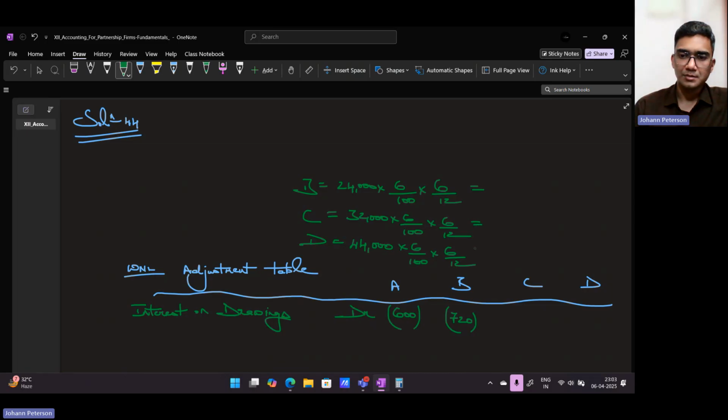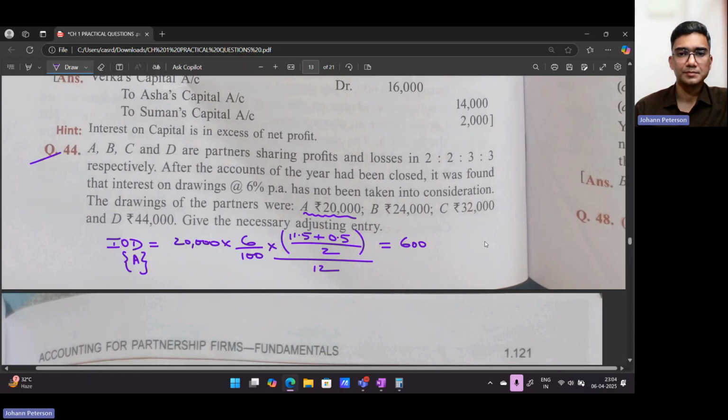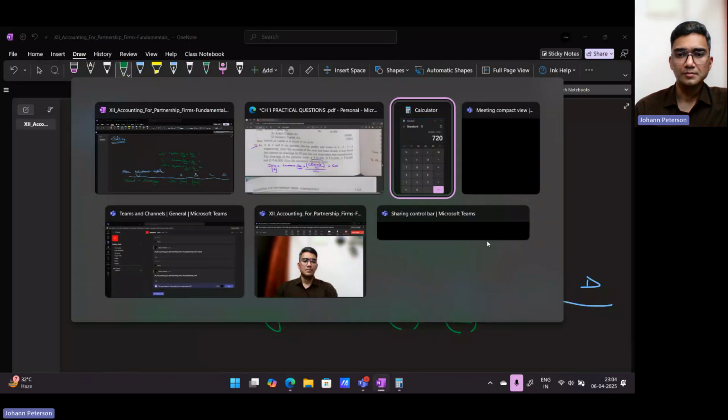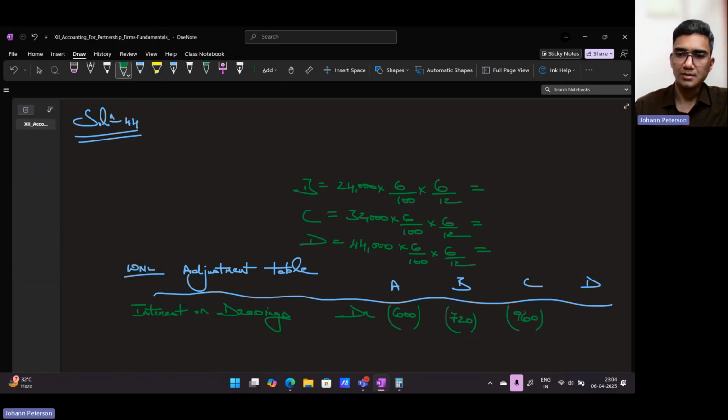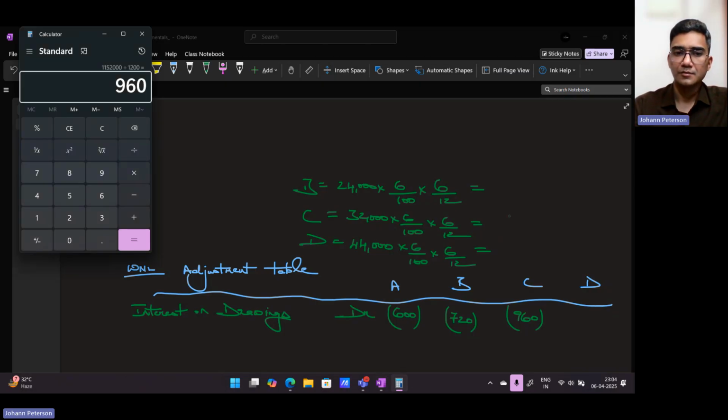So let's see what this comes out as. 32,000 into 36 divided by 1200 is 960. And the last, 44,000 into 36 divided by 1200, is 1320.